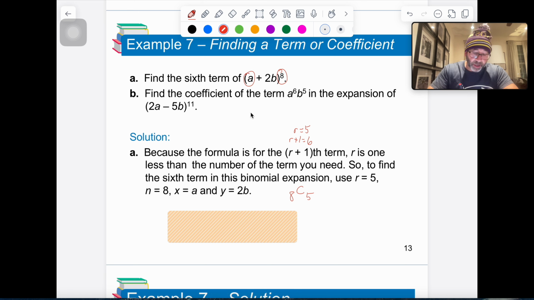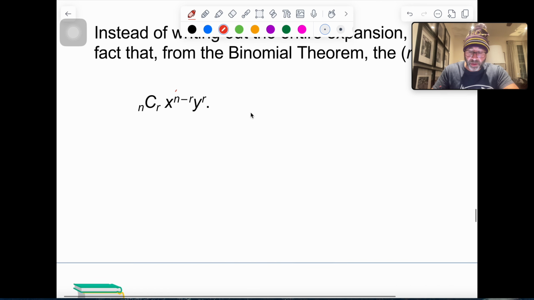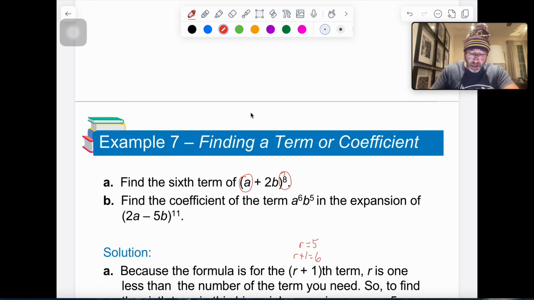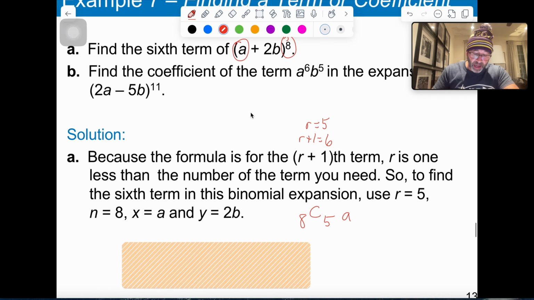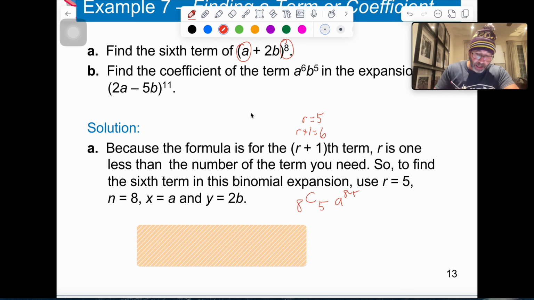The a term right here is going to be a, okay? And when we look at the formula here, going back, it says we're going to have n minus r for this portion right here, and then r for this portion right here. So what we're going to have is 8 minus 5, and then we're going to have 2b to the 5. Okay? That's it. That's literally all you have to do to set this up.